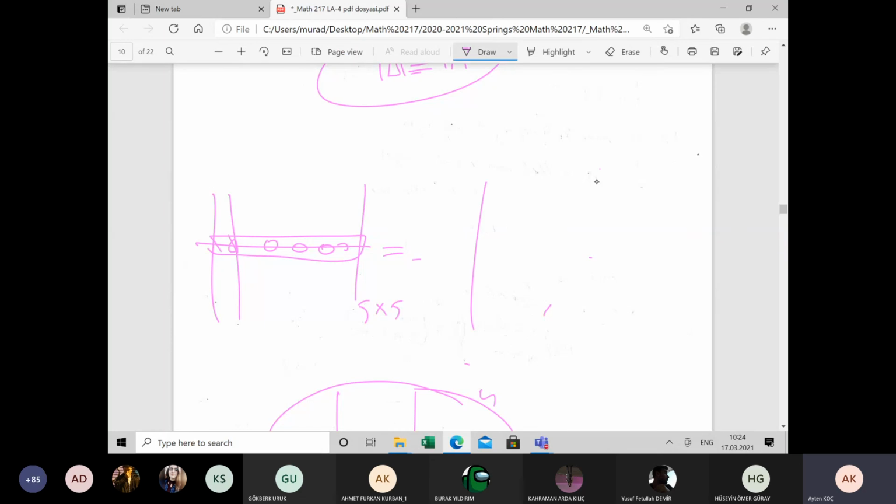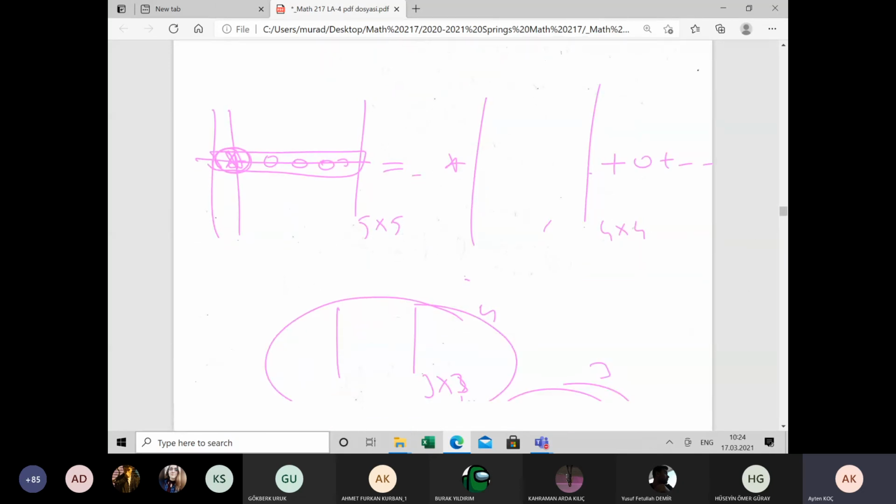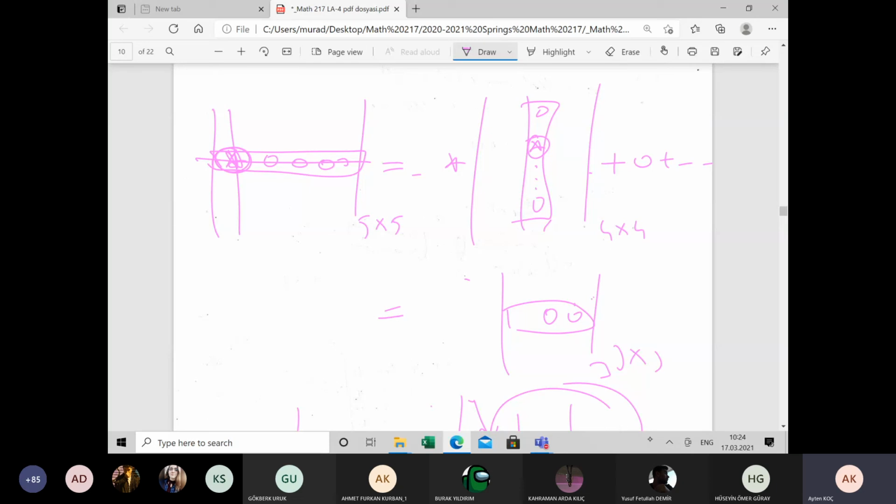Because there is only one non-zero entry here, we get one 4 by 4 determinant, the others are 0, 0, 0. And then choose one column. If we get all of them 0 and one non-zero, this gives only one 3 by 3, and use some operation to get more 0, and then we get only one 2 by 2 determinant. It's okay?